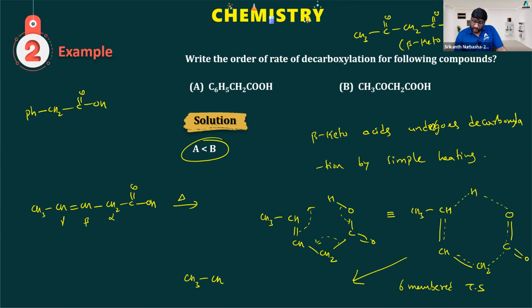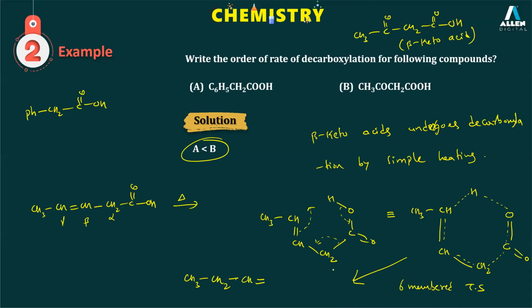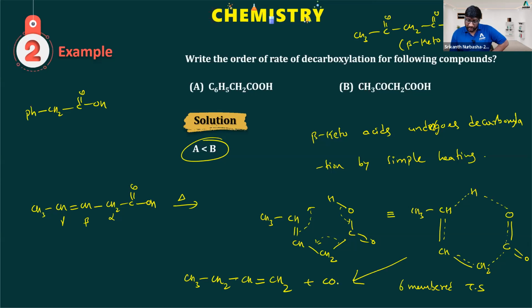CH3CH will form a new bond with CH2, and this CH=CH is there, right? What will that be forming, students? Single bond CH will form a double bond with CH2, and ultimately CO2 is eliminated.